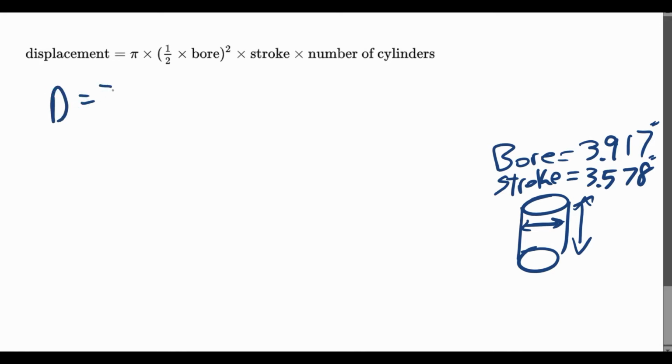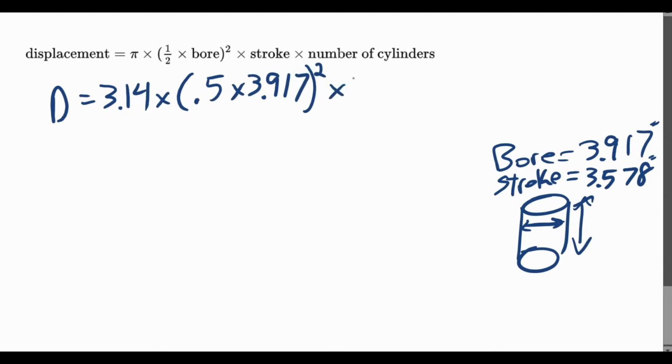D equals pi 3.14 times, instead of writing a half, we're going to go 0.5 times the bore, which is 3.917, and that's going to be squared, times the stroke, 3.578, times the number of cylinders, and in this case it's an 8-cylinder engine.